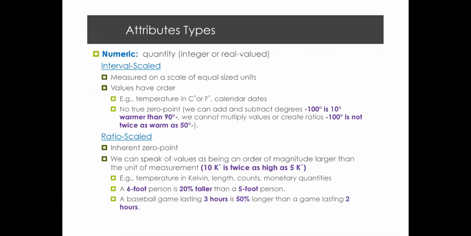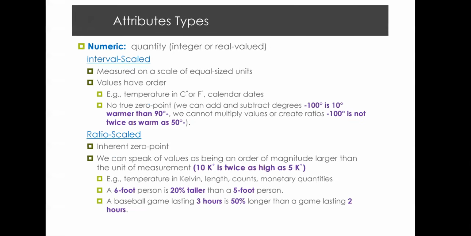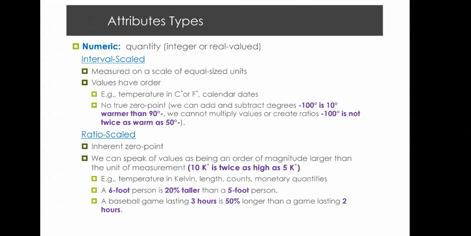In numeric attributes, you mainly represent a quantity, as integer or real valued attributes. Numerical attributes are generally divided into two types: interval scaled attributes and ratio scaled attributes. First, let's consider the interval scaled attributes.